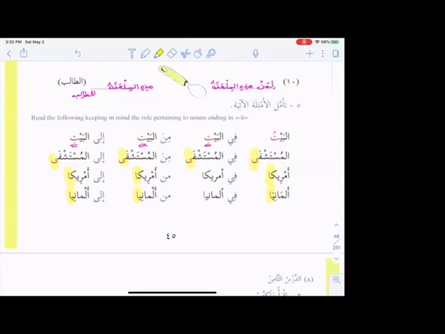So any noun that ends in ya, but it is pronounced like alif, will not show the vowel signs.